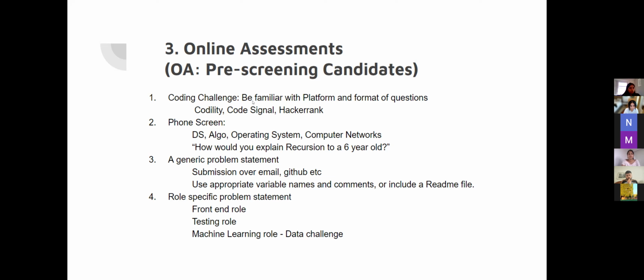For the coding round, since this is very platform specific, it's always a good idea to get familiar with the platform. Just know which platform the company prefers and what format they use. There would be a specific problem statement given, some test cases, and some limit constraints on the input and output, and you have to write code to produce the output.